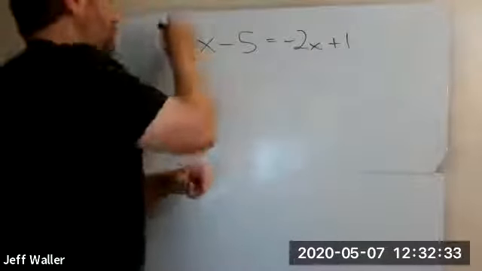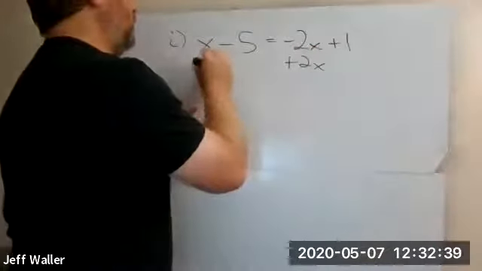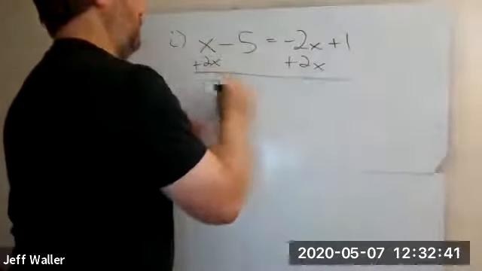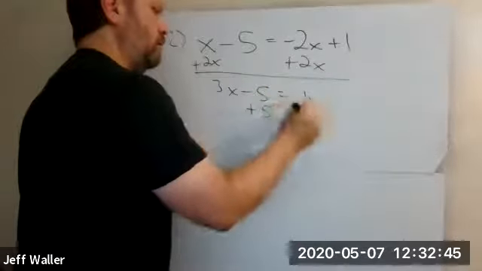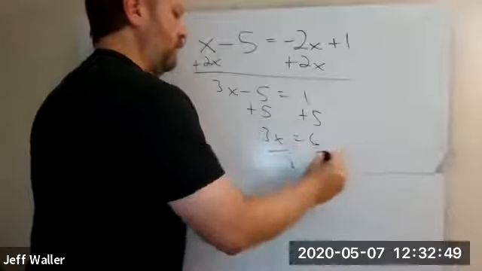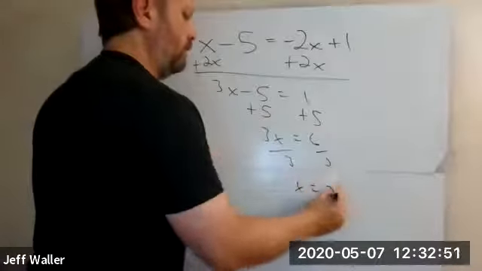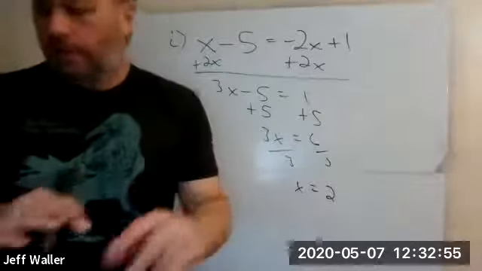Add the 2x. Get all your x terms together. And of course, then I would get my numbers on the other side and then divide, and then everything's great. Right? Okay, so that's the old days. I mean, we already talked about that.